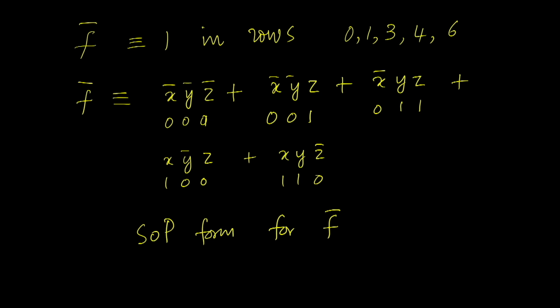So once you have the sum of products form for f bar, we can construct an expression for f. So an expression for f can be obtained using De Morgan's law from this sum of products form. Now we want an expression for f which is the complement of f bar. F bar is the complement of f and the complement of that is f. So we want to complement the left hand side, so we should complement the right hand side also. So on the right hand side we have a disjunction. So when you complement a disjunction, what you need to do is to complement each of its terms and then take the conjunction of these complements.